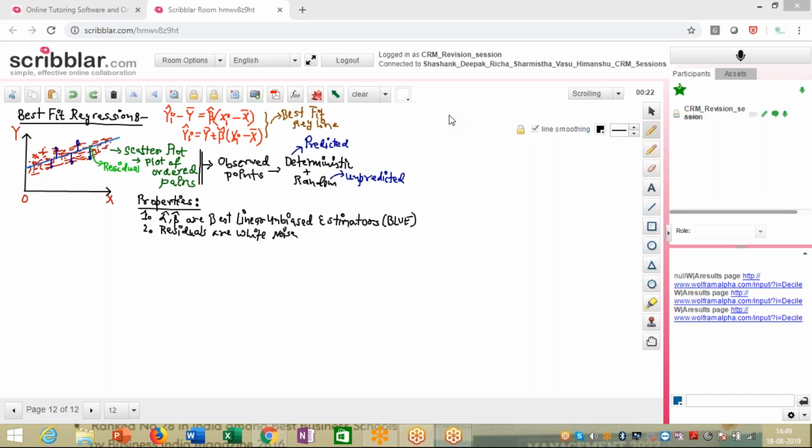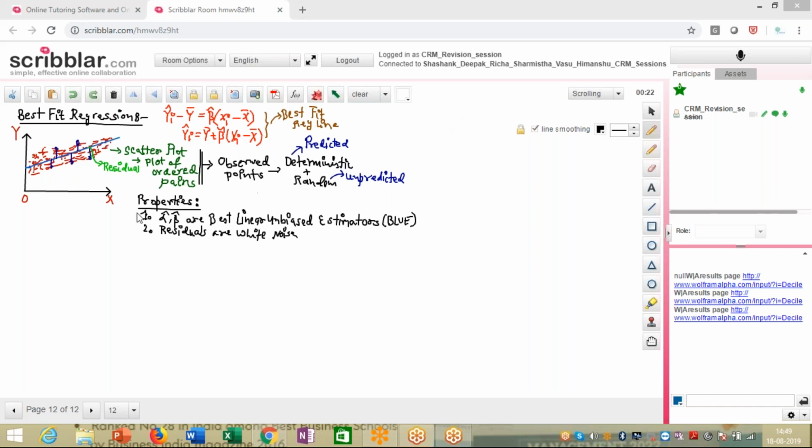Now the next question that comes up is, how do I identify these properties? So these are properties, right? Alpha hat is the best estimator, beta hat is the best linear unbiased estimator, and all these things. But how do you identify that? So let's look into this.